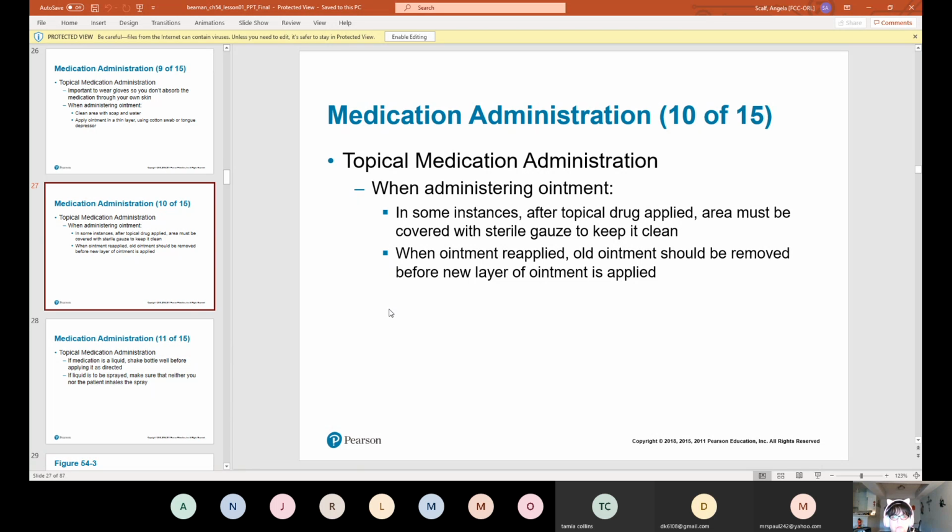When we apply ointment on a wound or an area that has been open, you always want to make sure we clean that area thoroughly first. When we apply the ointment, some doctors will have you cover the area.